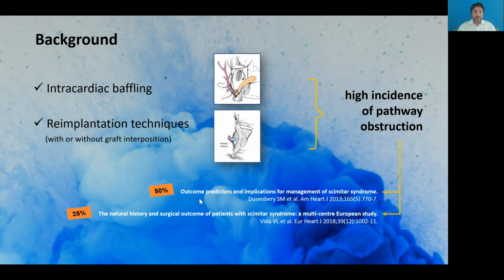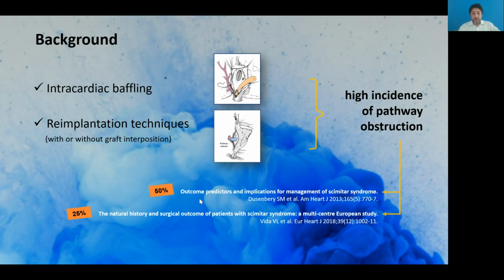The other classical approach is the reimplantation techniques, with or without graft interposition. These techniques, although they might seem better than intracardiac baffling, usually tend to have the same incidence of postoperative obstruction. Why? Because you move the vein and you kink it. Remember, it's very low pressure in those areas.